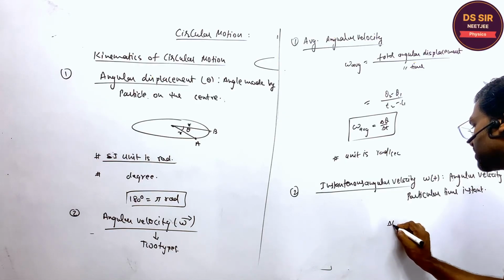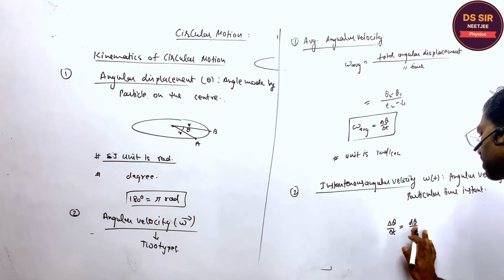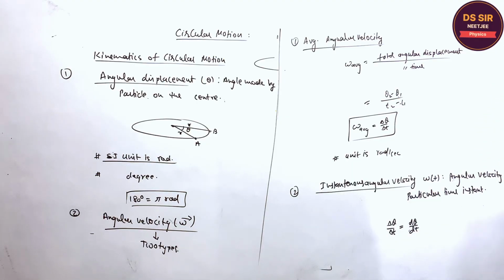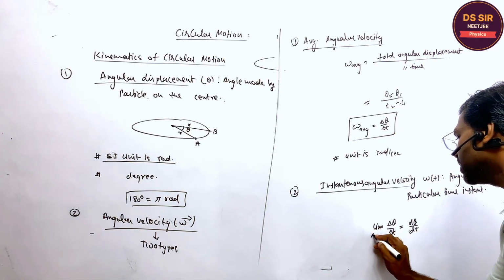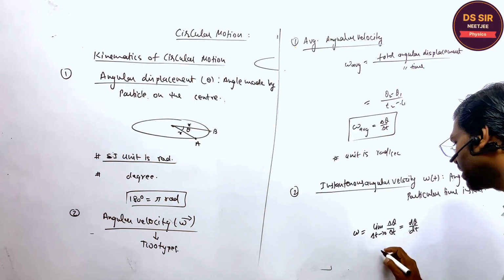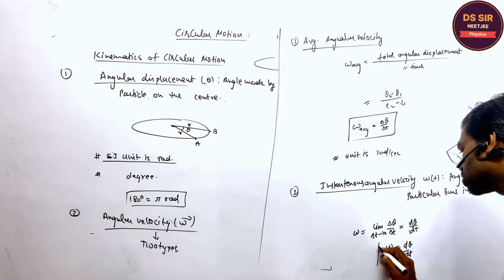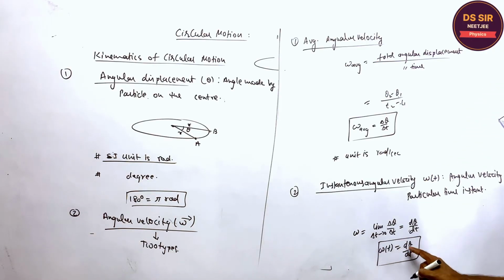Mathematically it is defined as delta theta upon delta t becoming d theta upon dt, when the limit delta t tends to 0. This is defined as the instantaneous angular velocity.